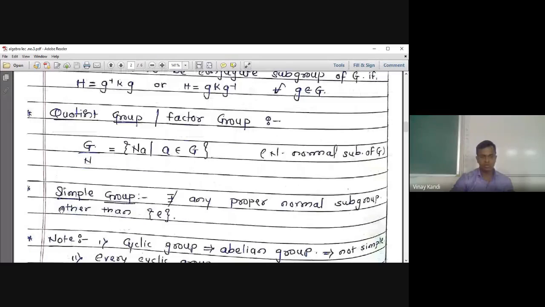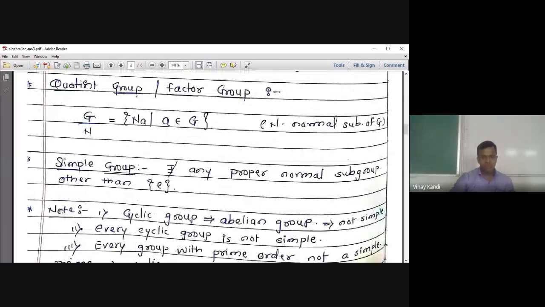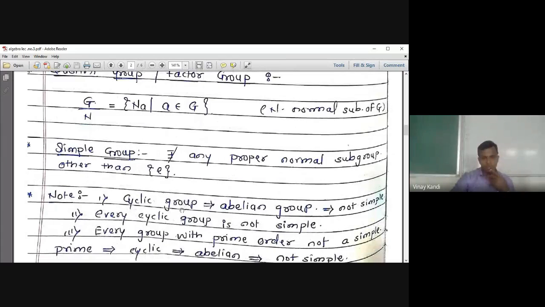Note, the next is: if the group is a cyclic group, every cyclic group is an abelian group, which implies if a group is abelian, then every subgroup of that group must be normal by the previous remark. Then there exists a group which is proper and normal, hence that group is not a simple group.